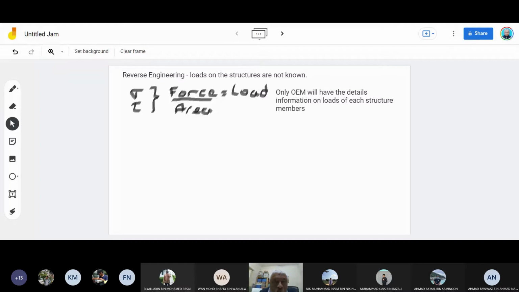Let me show you aircraft structure. Okay, let's have a look at this.